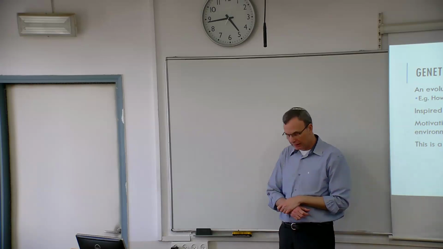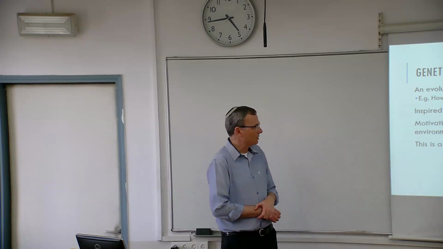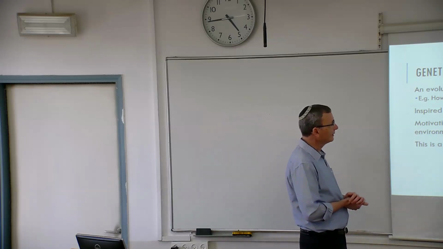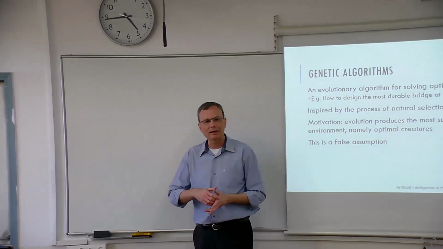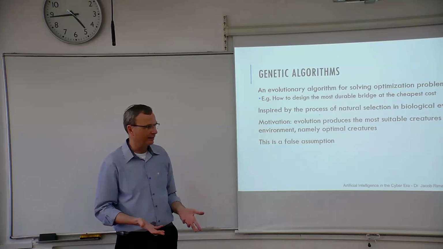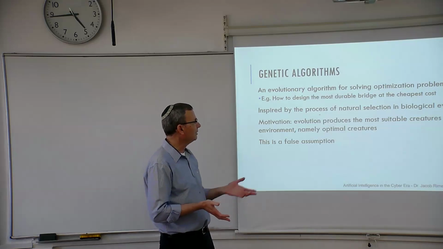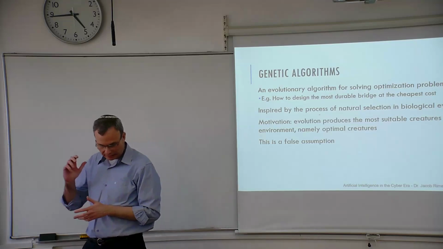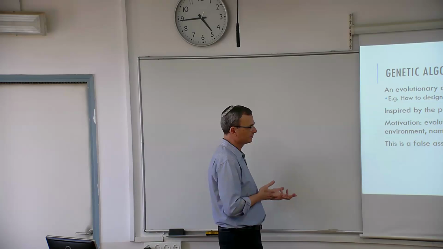I need to build a bridge. I have a budget. I would need to meet this budget, of course, and I would like to get the cheapest cost that I can. And I plan that this bridge will hold for, let's say, 100 years. I don't want it to fall for the next 100 years, at least. So now the question is how to design this bridge so it can be a durable one and also a cheap one.